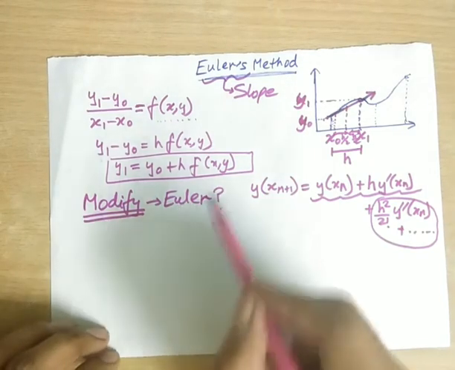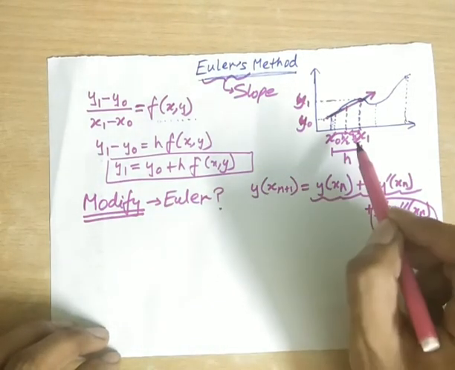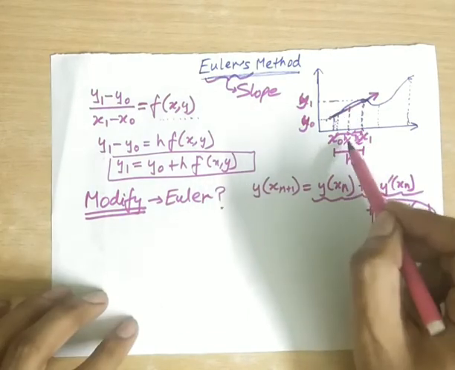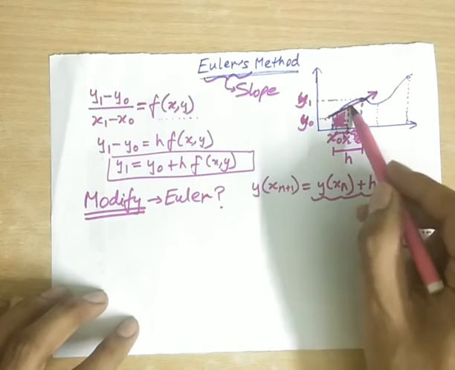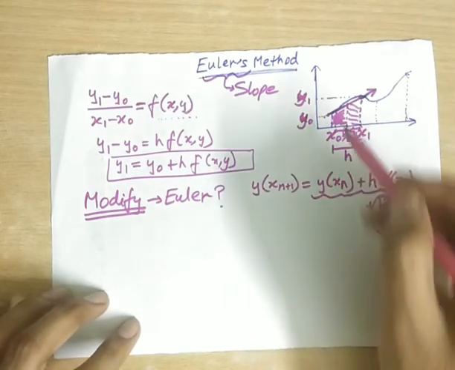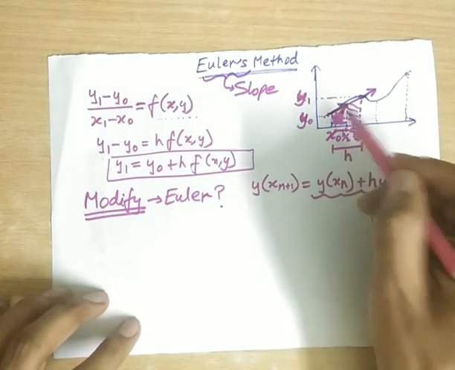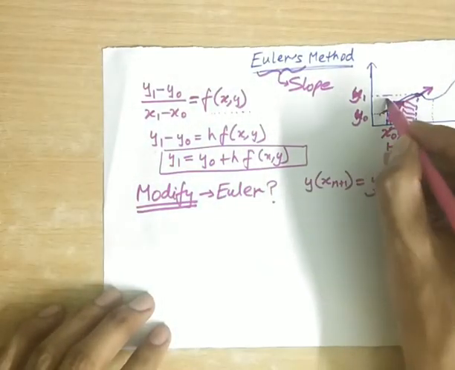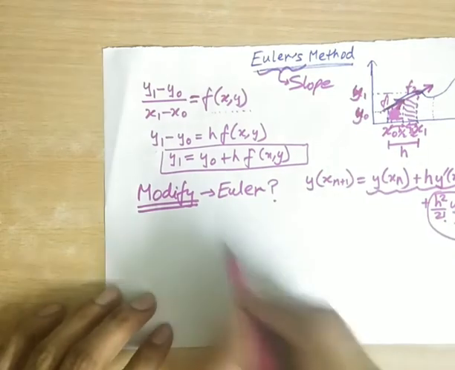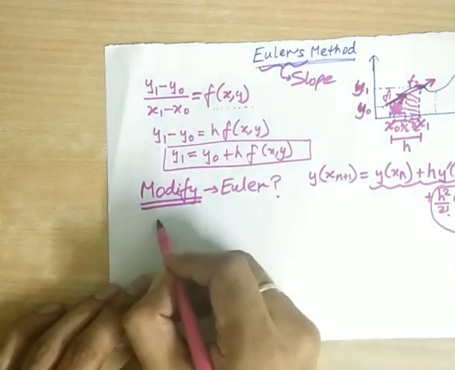The best approach is that we divide the step size h into two equal parts of h by 2, this part and this part, and get their different functions f of x, y. Let's say the first is f1 and the second is f2. So now I have two slopes.